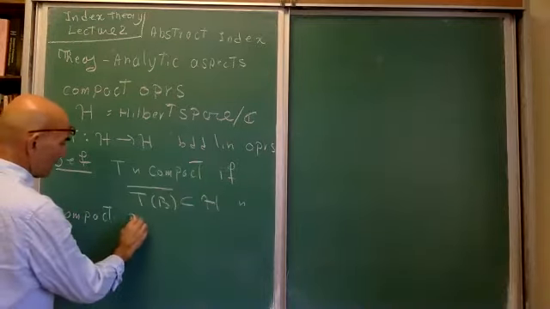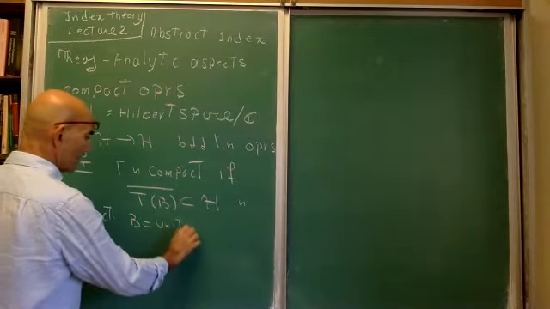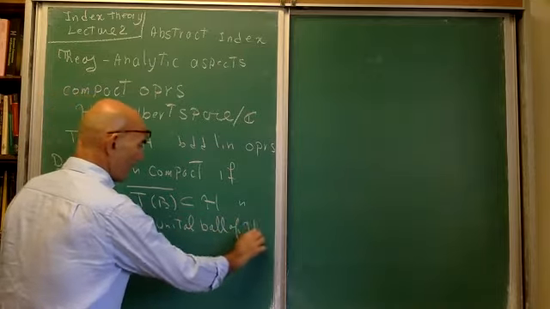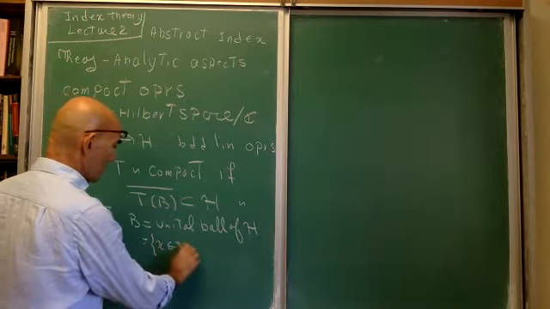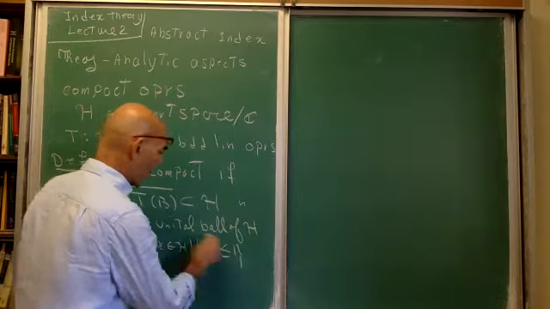Here B is the unit ball of H, which is the set of all x in H such that the norm of x is less than or equal to 1.